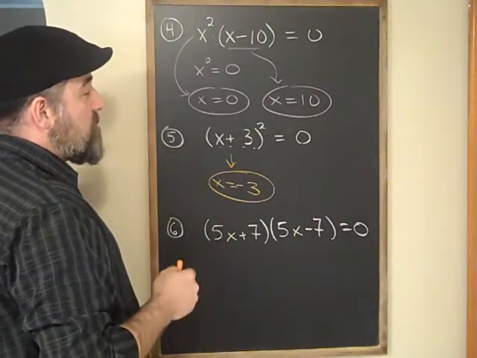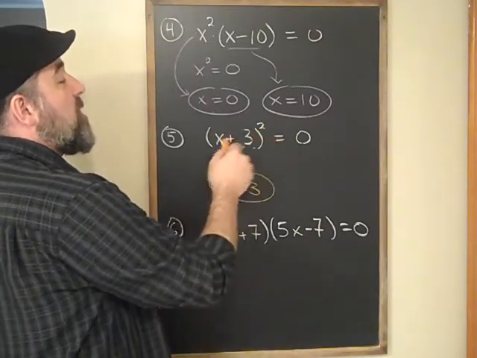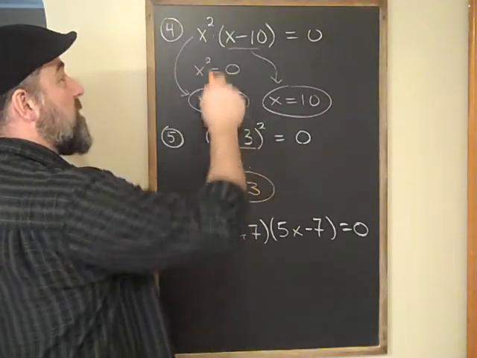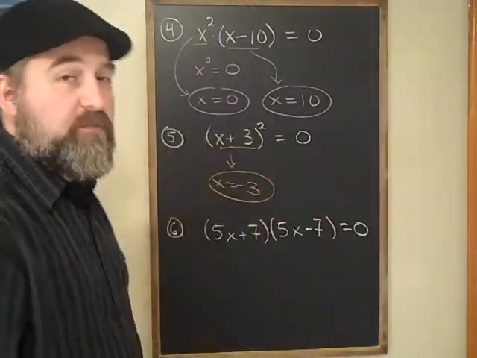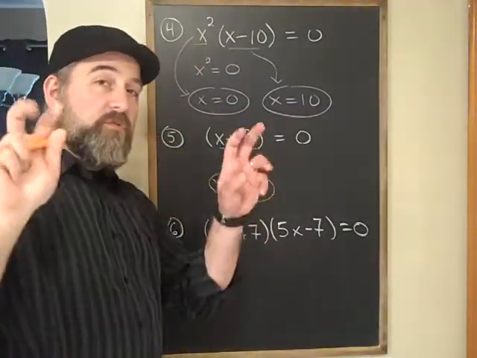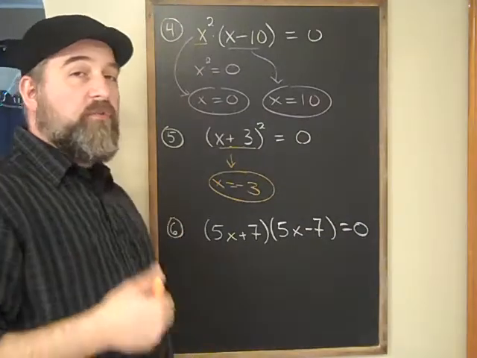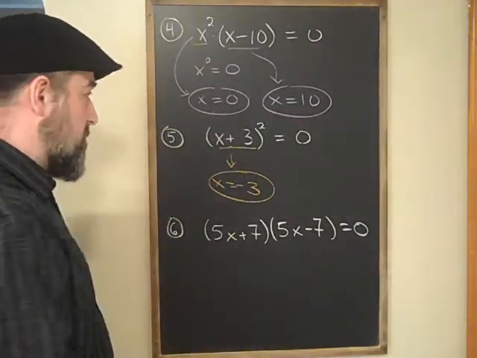Now, in the event you're getting a solution from a factor that's squared, or a factor that's cubed, or a factor that's raised to the fourth, the solutions you get, the roots you get, are referred to as repeated roots. Now let me explain what I mean by repeated roots.